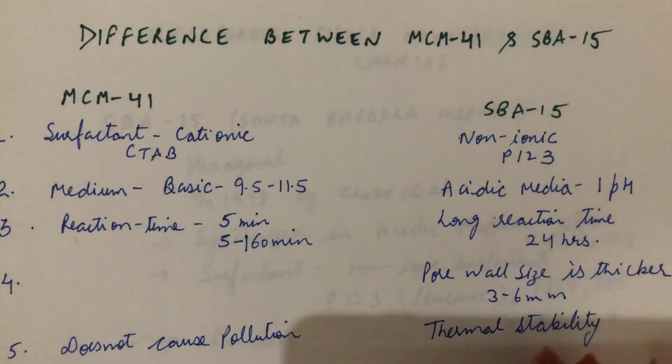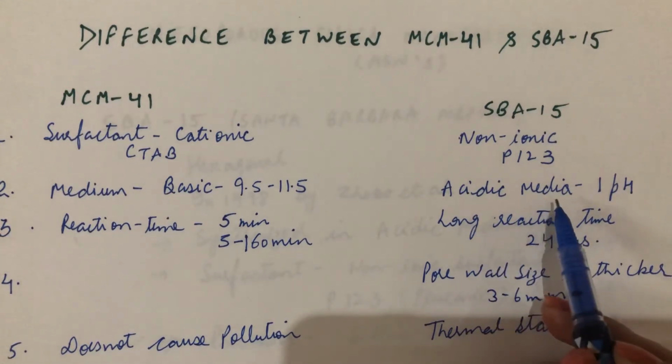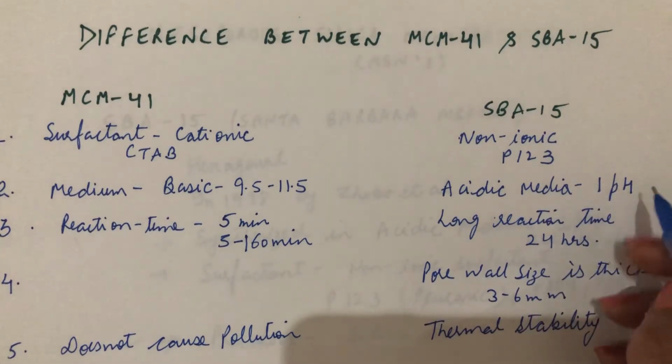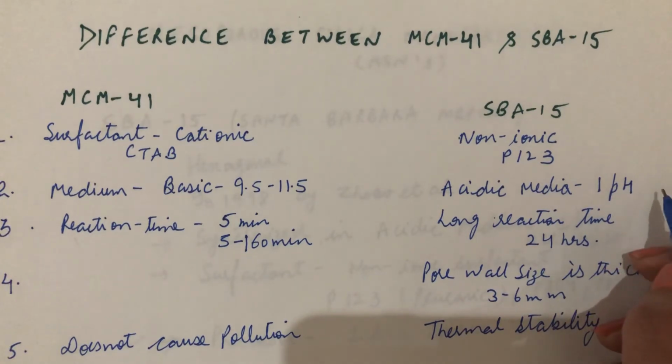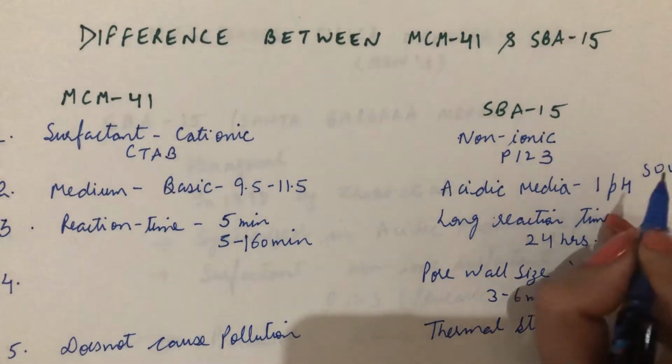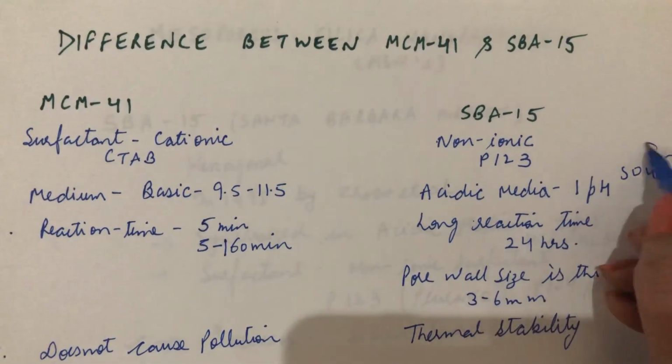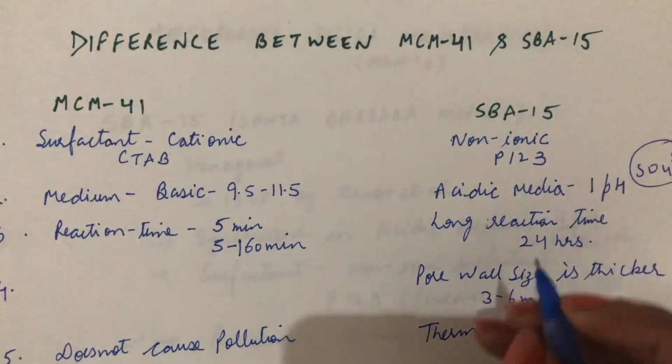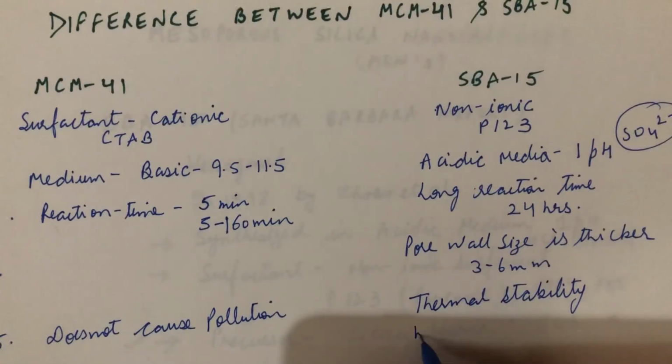But in the case of SBA15, as it is prepared in the acidic media, when we wash it, the water reacts with the HCl or H2SO4 and sometimes generates SO4 2- ions. These ions are very dangerous, so it causes water pollution. That's why people don't prefer it.